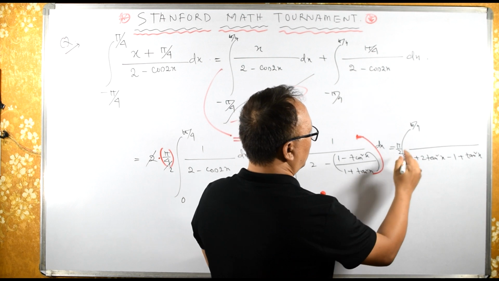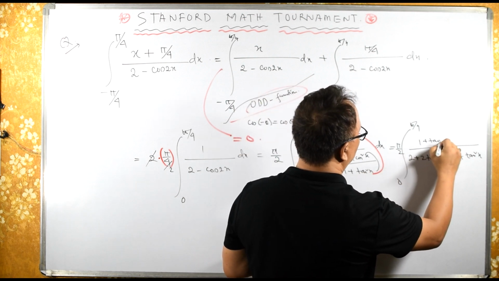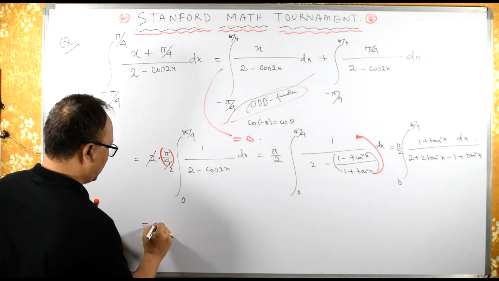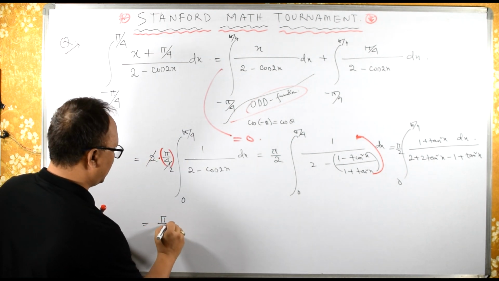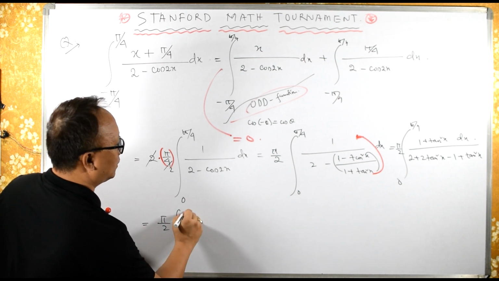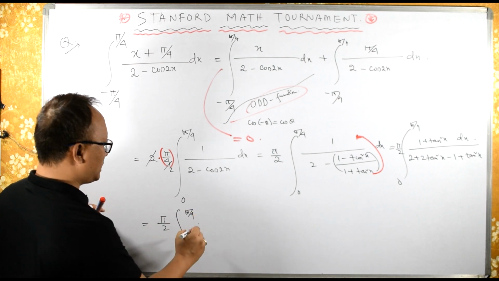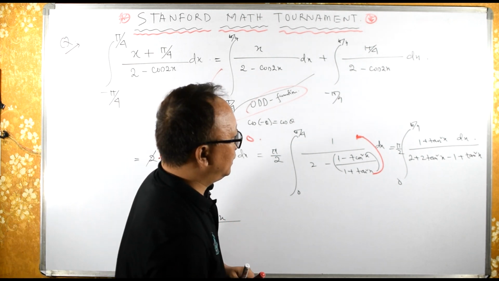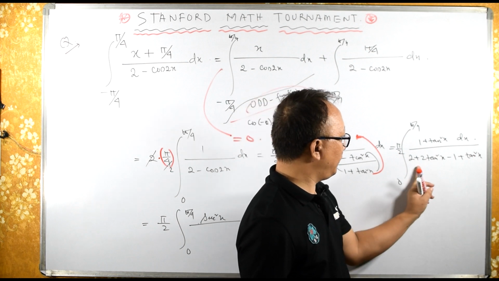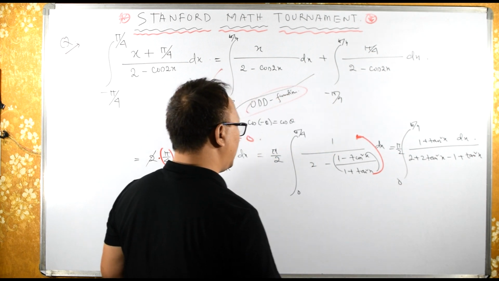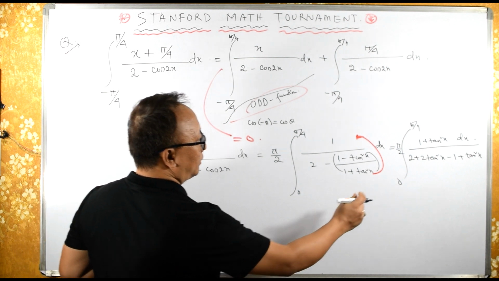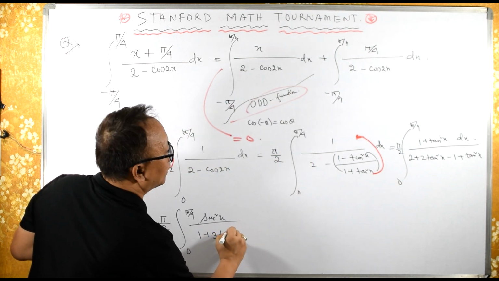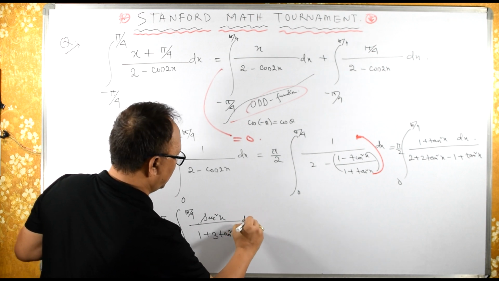So 1 plus tan square x dx, is equal to pi by 2 integral 0 to pi by 4. So 1 plus tan square is sec square x upon. Here 2 minus 1 is 1, and here we have 3, so plus 3 tan square x dx.